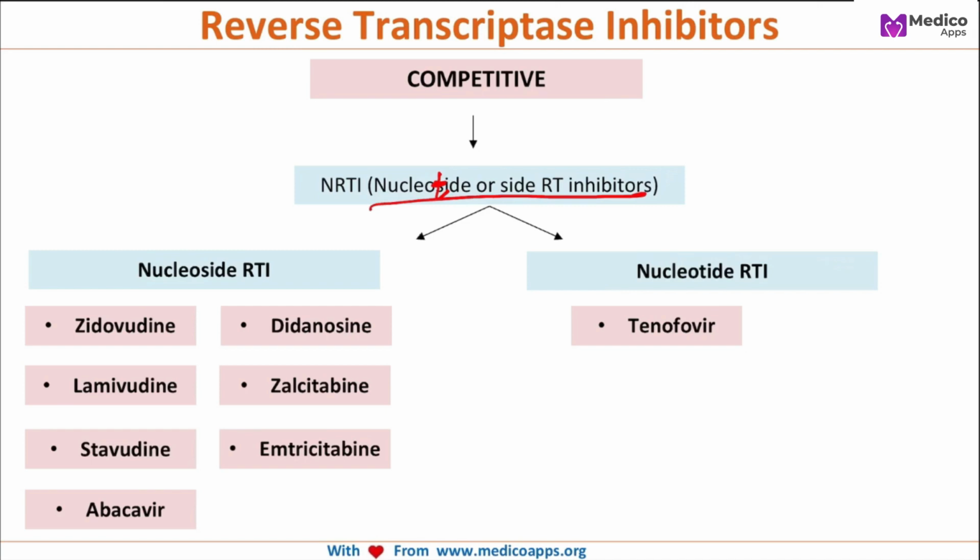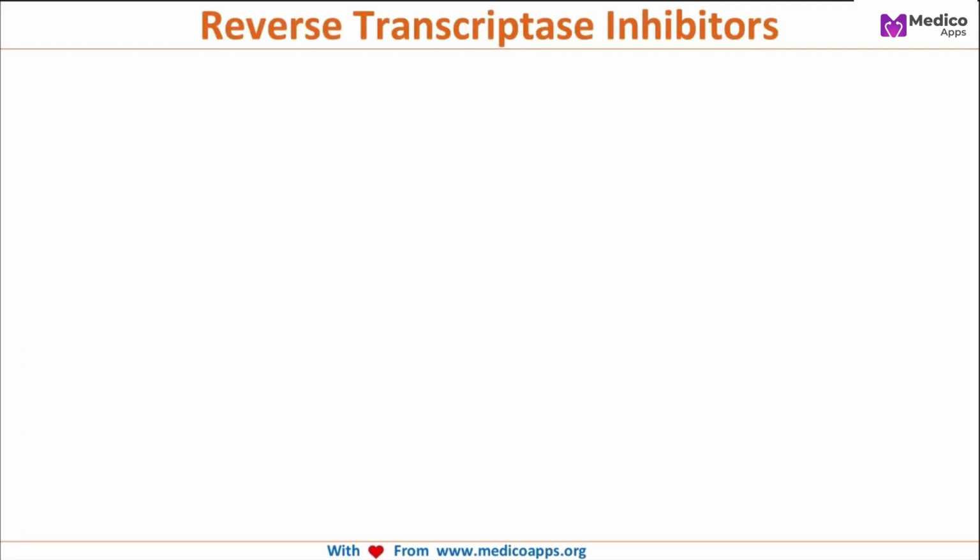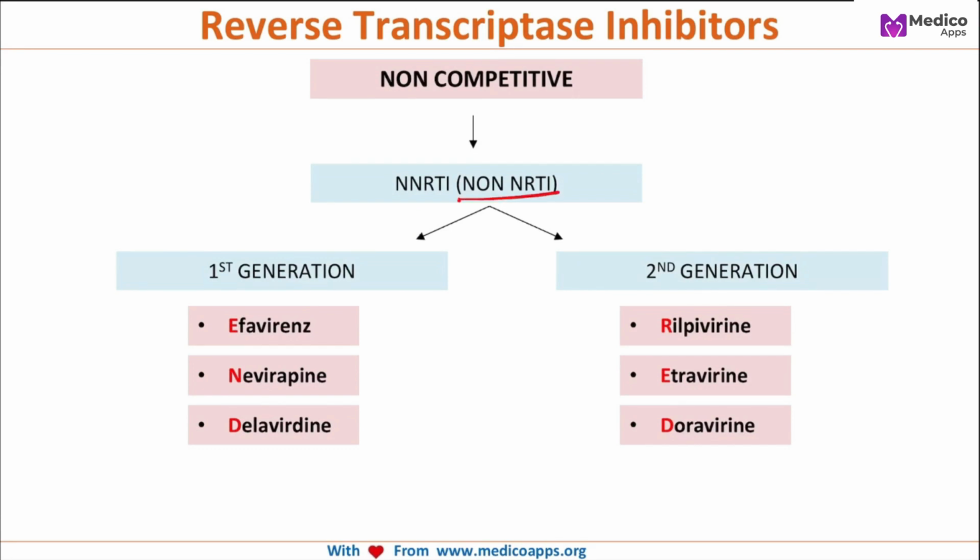The nucleoside RTIs include zidovudine, lamivudine, stavudine, abacavir, didanosine, zalcitabine, and emtricitabine. Okay, and the nucleotide reverse transcriptase inhibitor is tenofovir. Then the non-competitive inhibitors are non-nucleoside reverse transcriptase inhibitors. The first generation includes efavirenz, nevirapine, and delavirdine, and the second generation includes rilpivirine, etravirine, and doravirine. Okay, these are the second generation.